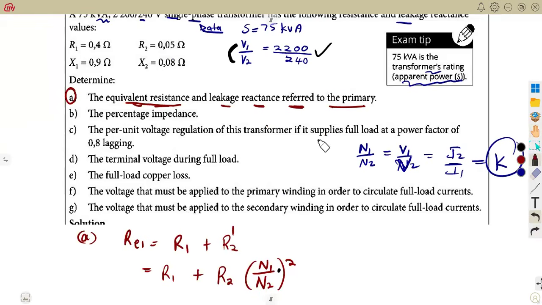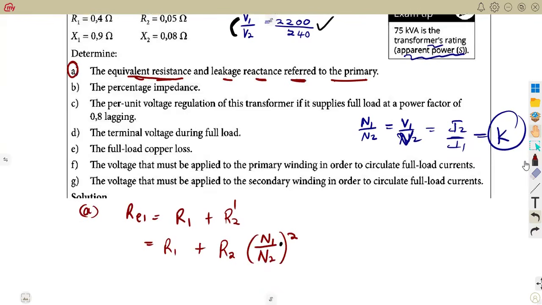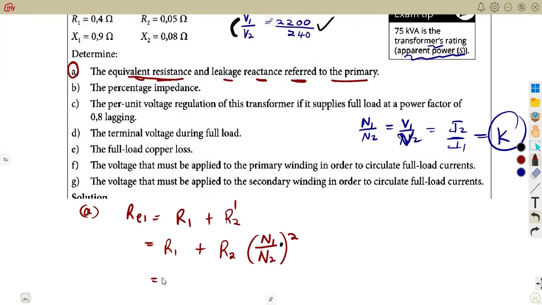Going to check R1. We have our R1 given. So it's just going to substitute R1, which is 0.4, plus R2, which is 0.05, so that's 0.05 times what? N1 over N2. In that case, from what we are given, we are going to use V1 over V2.